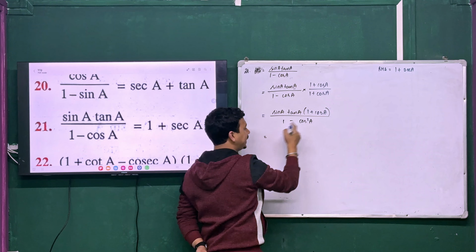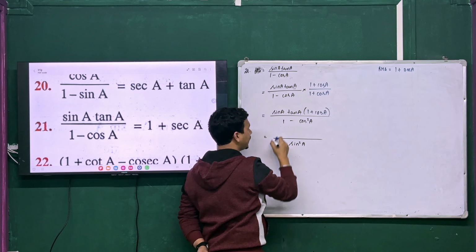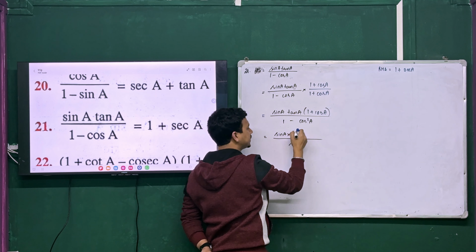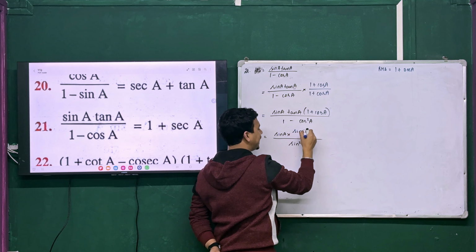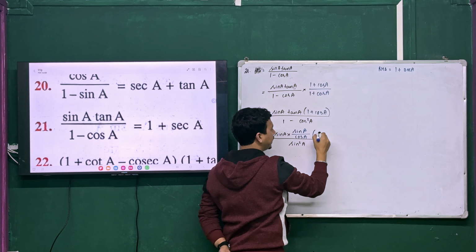Now, 1 minus cos square is what? Sine square. So we can write sine square A. This will become sine A, and this tan, I'll just convert it to sine A upon cos A multiplied by 1 plus cos A.